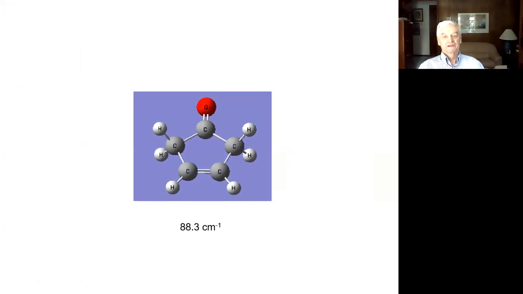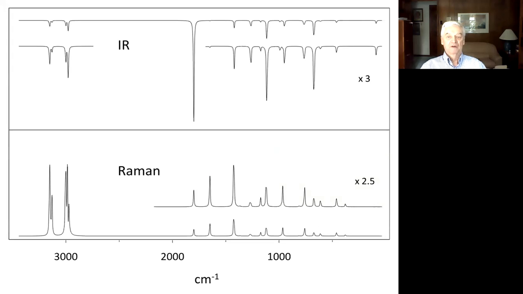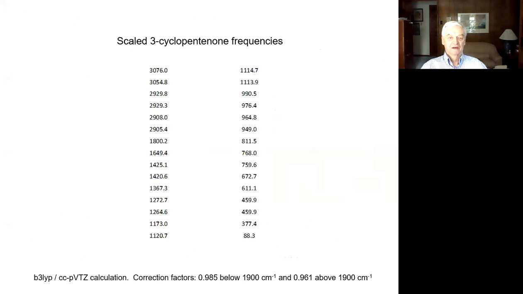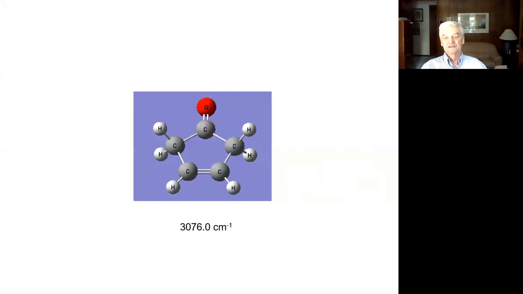Okay, so this is the molecule that we're talking about. What we have initially here are computed spectra for the molecule, but we're going to talk about that in the lecture notes, so I'll skip over those. There's a listing of the vibrations, and what I'm going to show you is what all the vibrations are of this particular molecule.